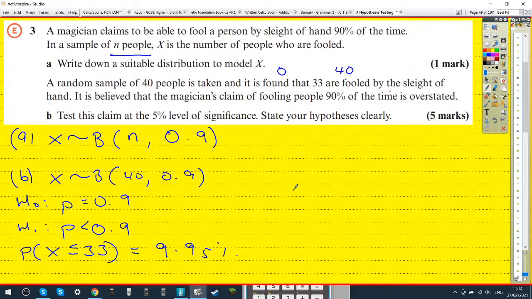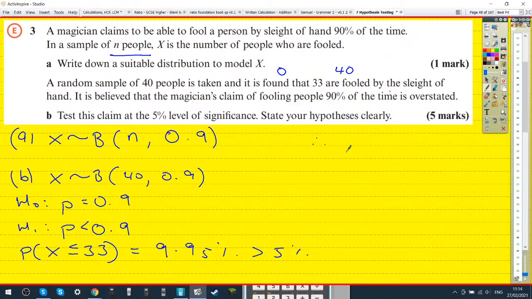And so, what about his claim? So does his claim state that it's insignificant? Well, 9.95% is greater than 5%.